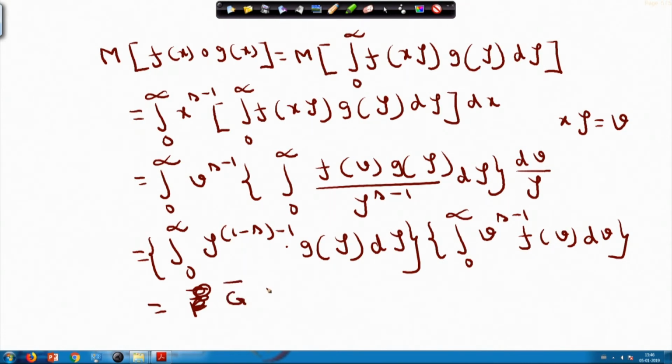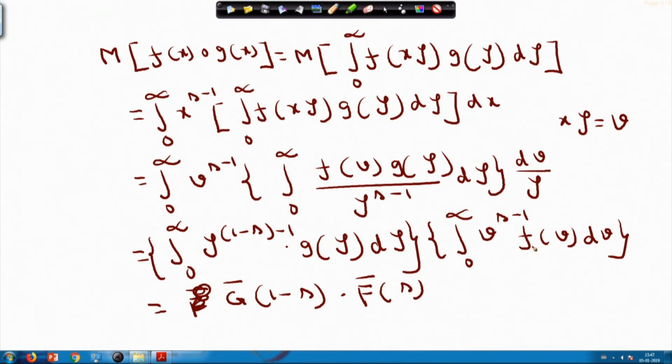This is nothing but g bar of 1 minus s, that is the Mellin transform of g with respect to the parameter 1 minus s, and the second integral is equal to f bar of s, the Mellin transform of the function f of x with respect to the parameter s.